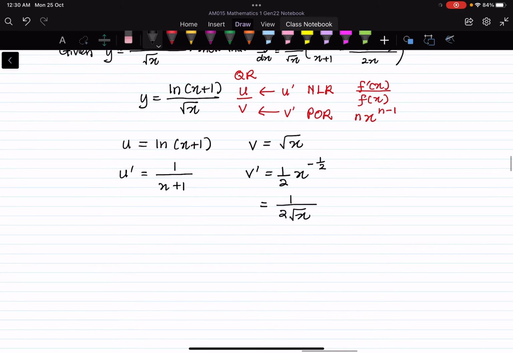Now we can use the quotient rule to differentiate our y. Differentiating y with respect to x, dy/dx equals, and if we use the quotient rule, we know that the quotient rule is v u prime minus u v prime over v squared.